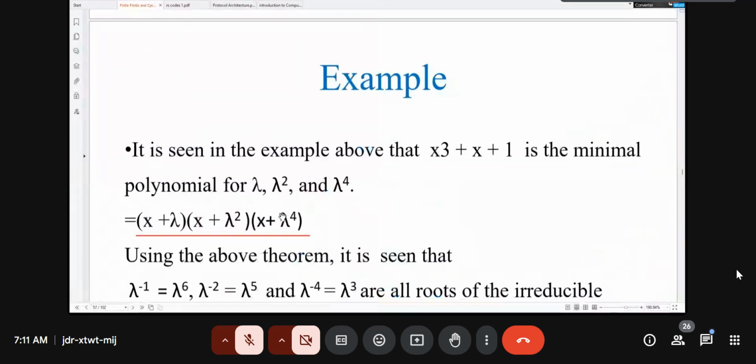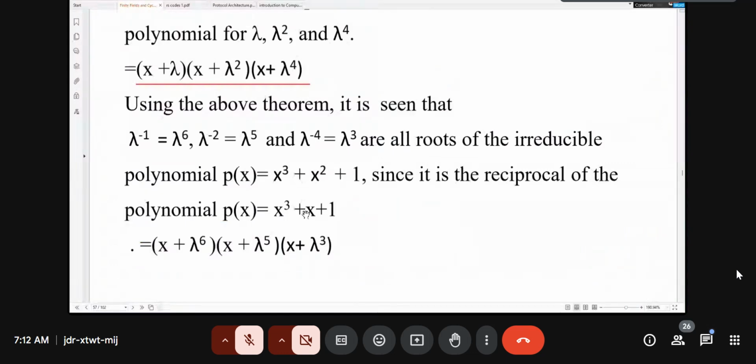Because you can see the minimal polynomials, in this case we have 2 minimal polynomials. One of them happens also to be the generator polynomial.